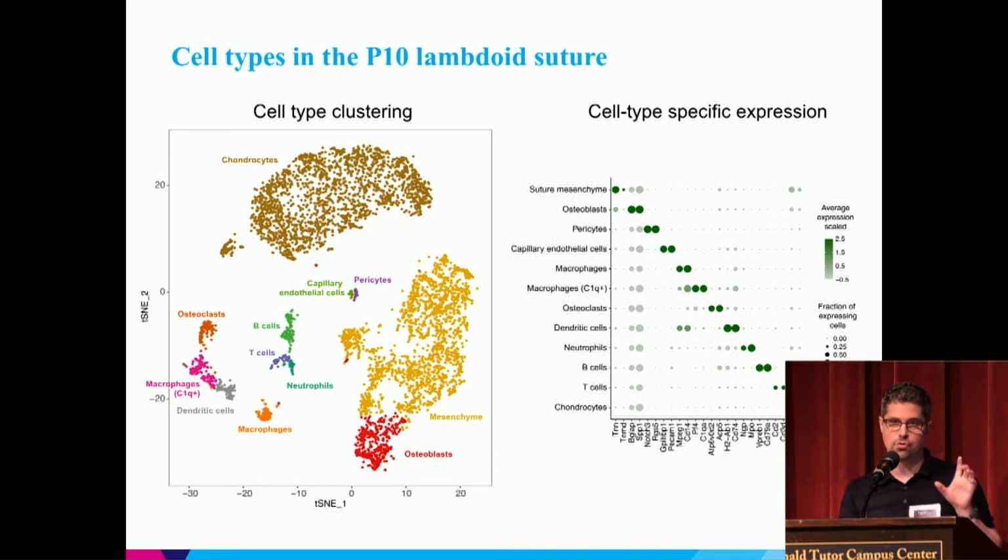They're clustered and colored according to the cell types that we have assigned based on the presence of expression markers that we know are associated with certain cell types. In this case, we see that in red and in yellow, the osteoblast and mesenchyme separate out very well from other cell lineages, which are mainly chondrocytes and hematopoietic cell lineages.